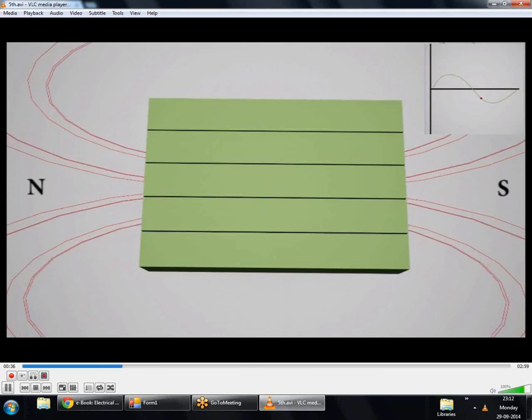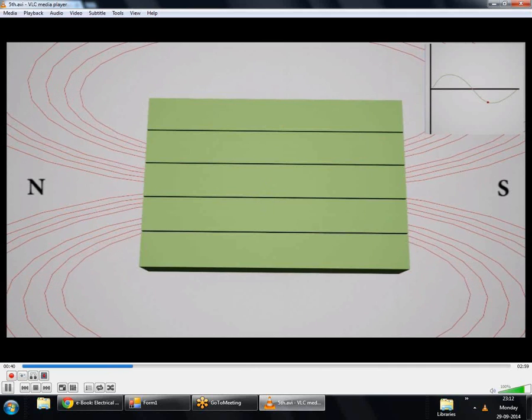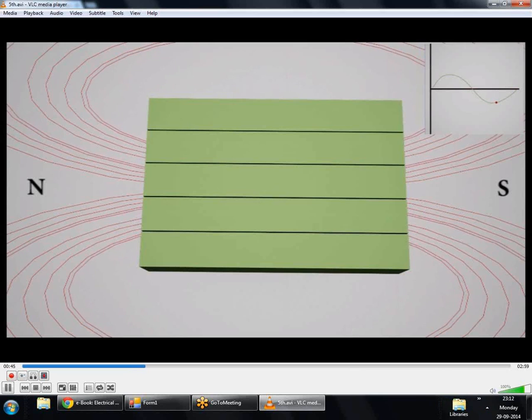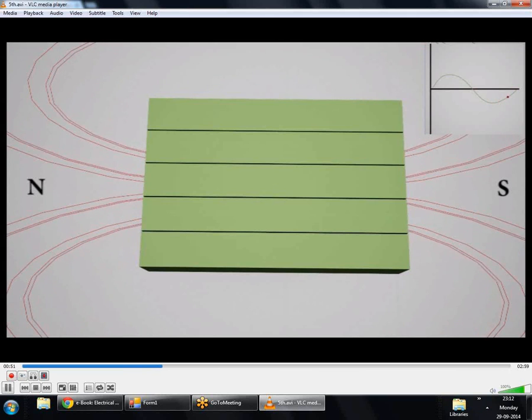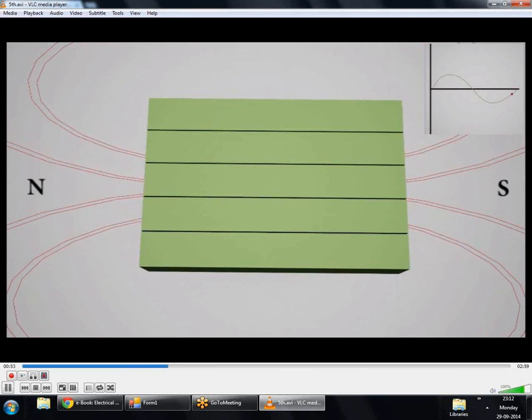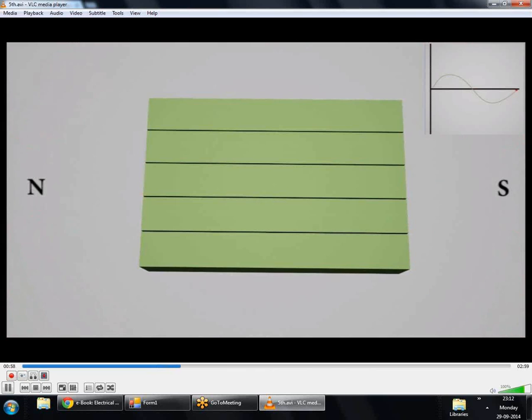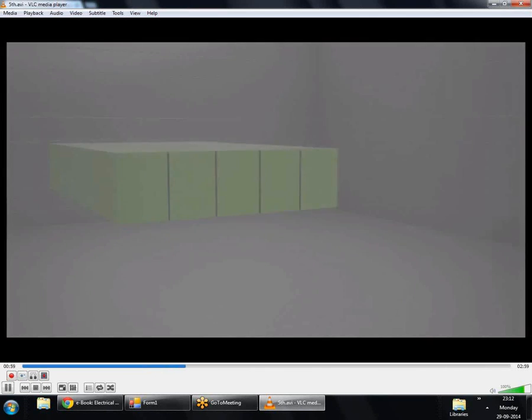So there is an electrical isolation between all the 5 slabs. In the previous animation we saw one bulk material, but here instead of the bulk material we have laminated material. Due to this laminated material, the nature of the eddy currents would change.